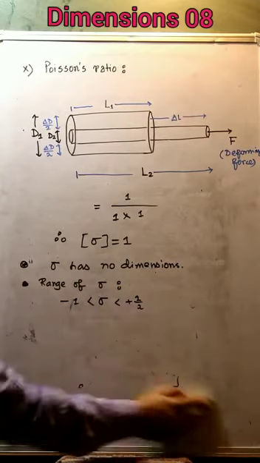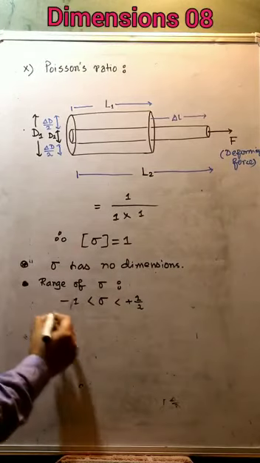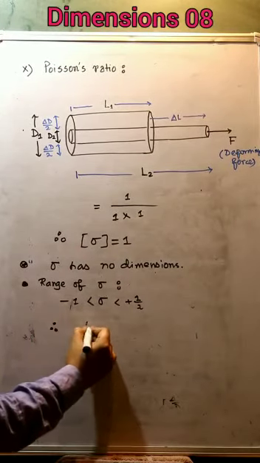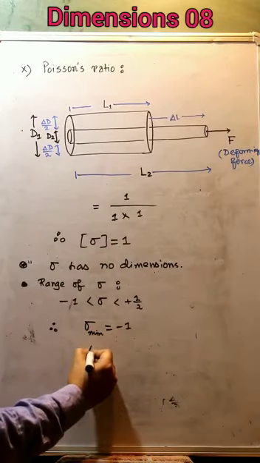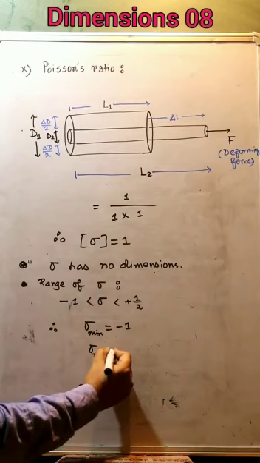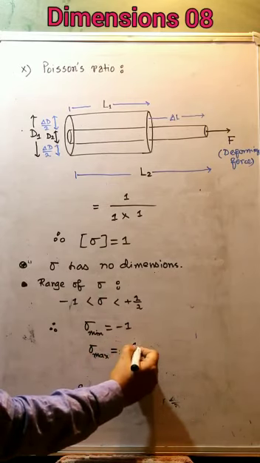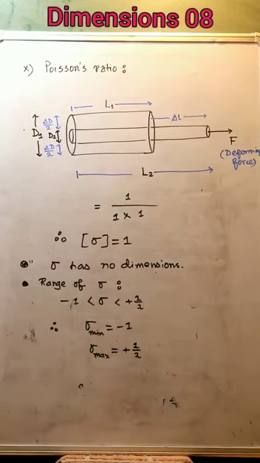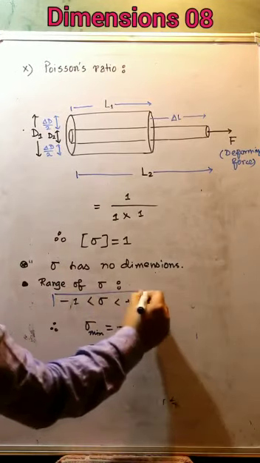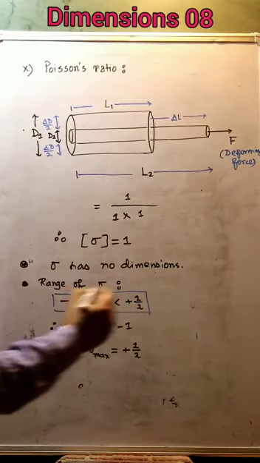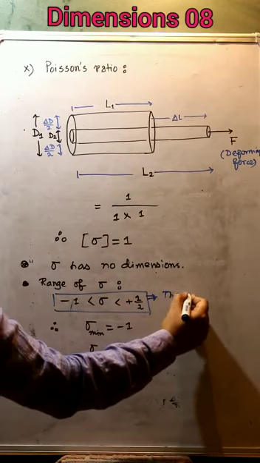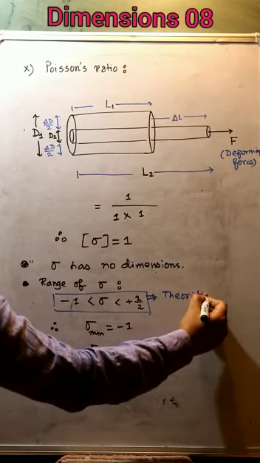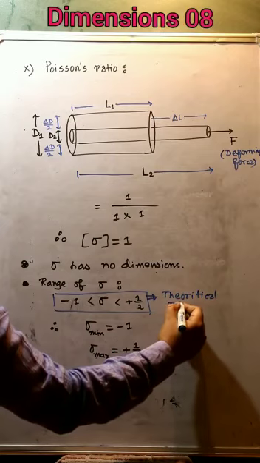Additional information: the minimum value of Poisson's ratio is minus 1, and the maximum value of Poisson's ratio is 0.5 or 1 by 2, half. This is the theoretical range of Poisson's ratio.